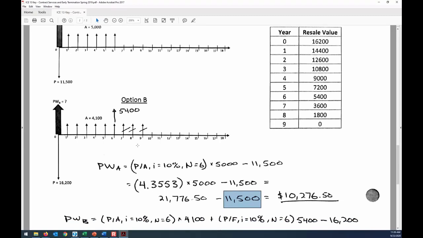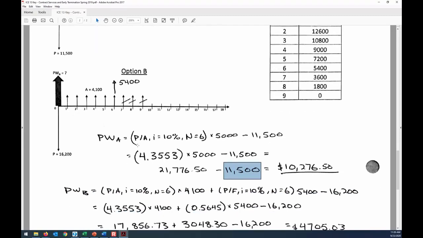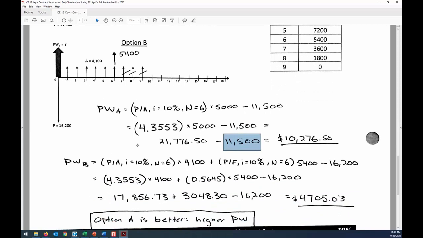Here is the structure for that one: find P given A for the 4100, find P given F for the 5400, and then there's already the present value cost at year 0. All right, so option A is better. We would choose option A.